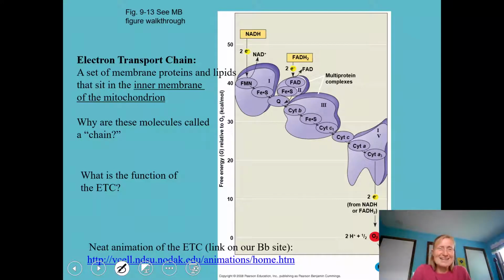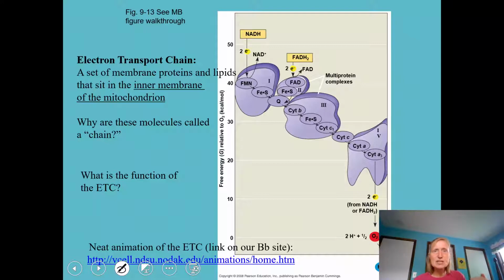Now, these proteins and lipids are each kind of interesting because each of them possesses a small molecular group called a prosthetic group that has the ability to become reduced or oxidized, to either gain electrons or donate electrons.